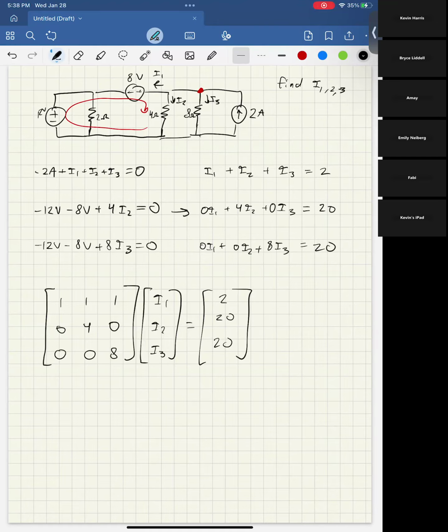And then there's two ways you can solve this. You can think of it as saying that your I vector is equal to the inverse of this matrix times that thing you had there, which is, I think, what he said in class.